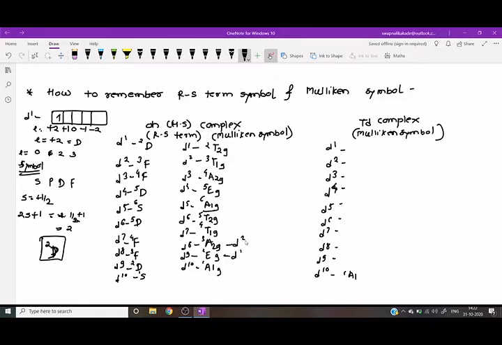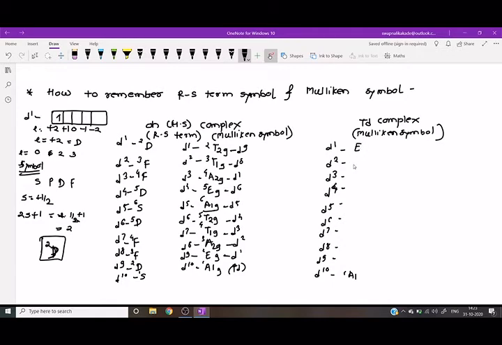Tetrahedral complex is asymmetric. It does not have a center of symmetry. For tetrahedral complexes D1, D2, D3, D4, D5, D6, D7, D8, D9: for D1 tetrahedral, the Mulliken symbol is the same as D9 octahedral high spin, only g is not present.